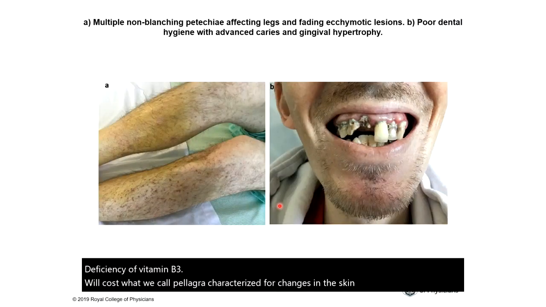And this one is deficiency of vitamin C. It's called scurvy. I remember the pirates.